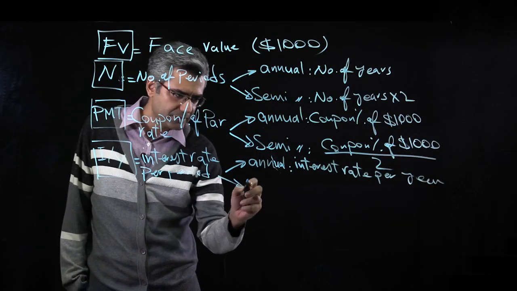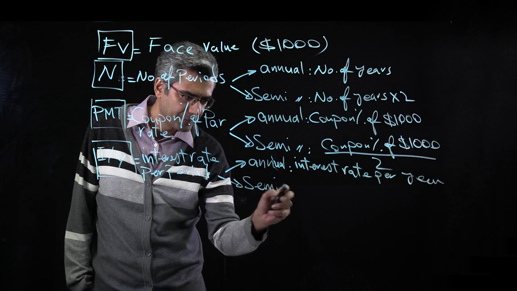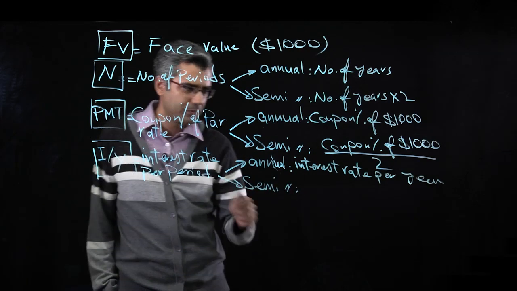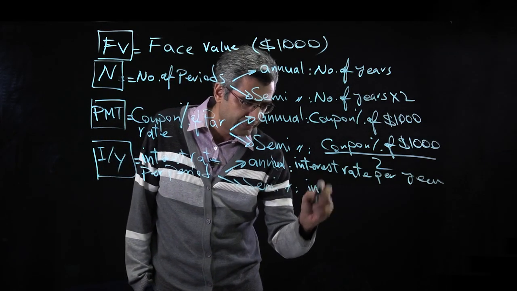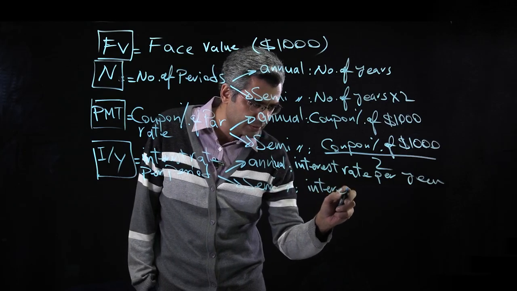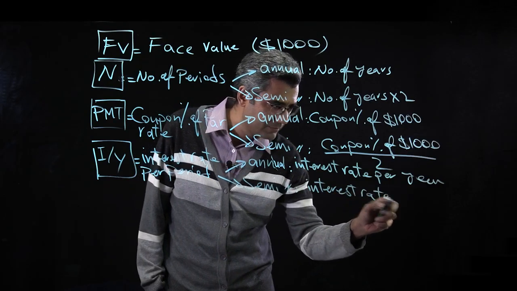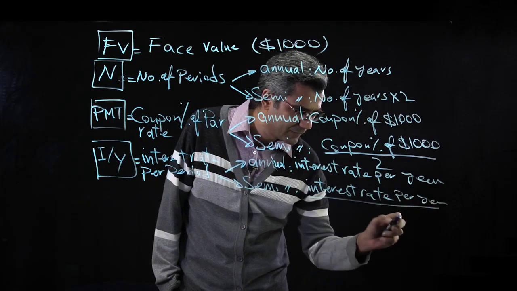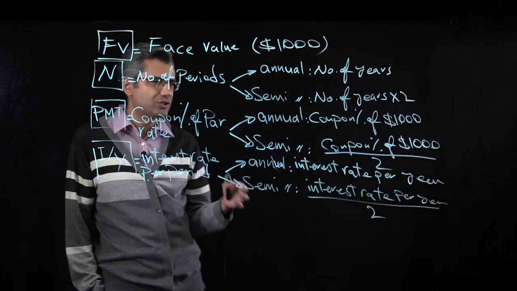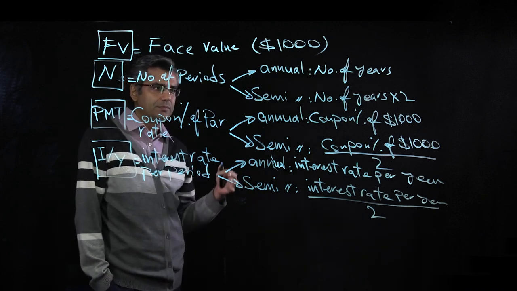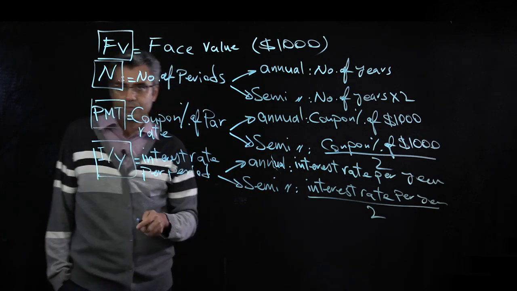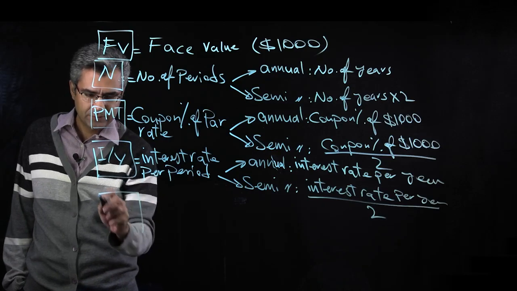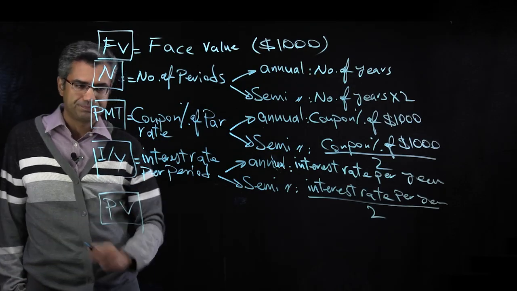And if it's semi-annual, meaning the payment is every 6 months, then it's the interest rate per year divided by 2, meaning the interest rate per 6 months. And then the 5th one is present value, right?